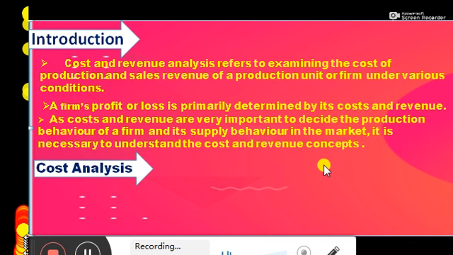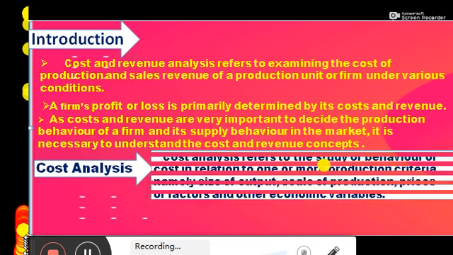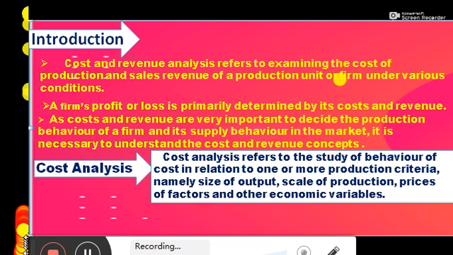Okay. So cost analysis. Cost analysis refers to the study of behavior of cost in relation to one or more production criteria, namely size of output, scale of production, prices of factors of production, that is land, labor, capital and organization, and other economic variables.